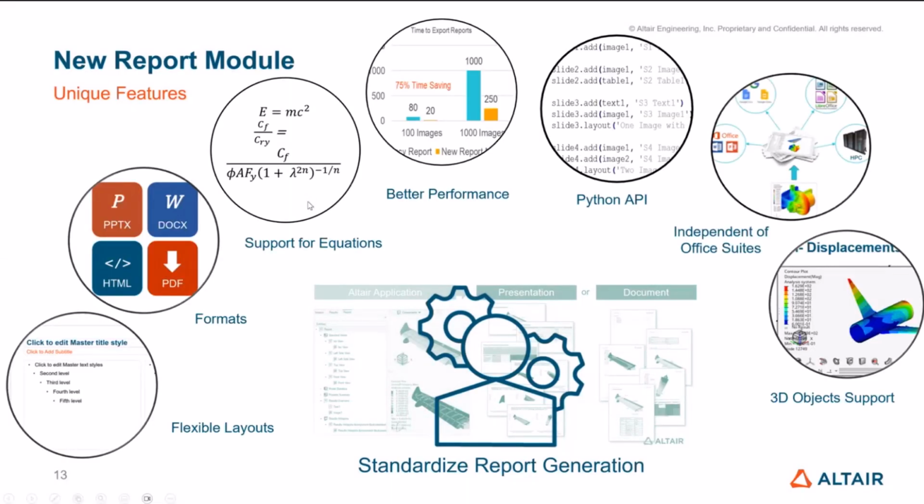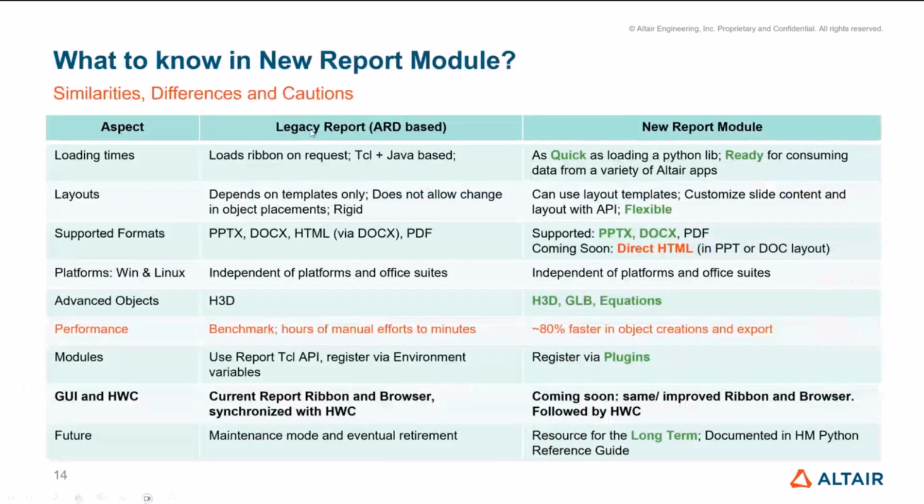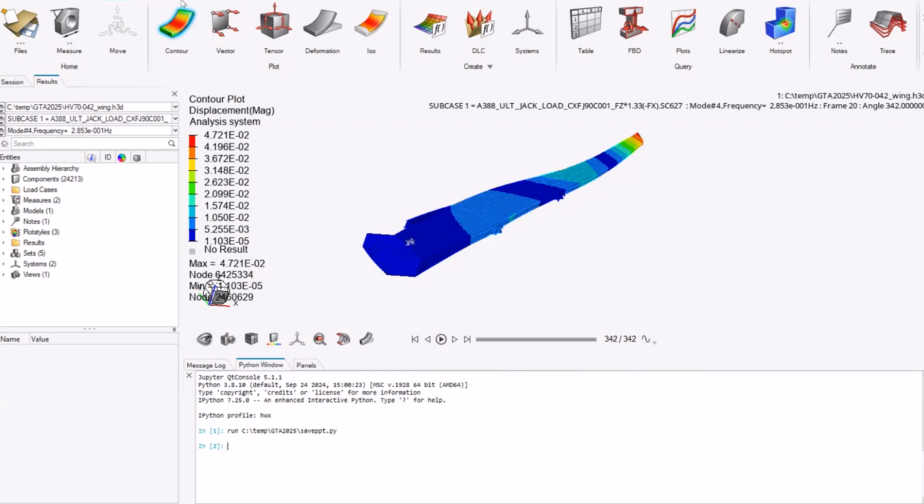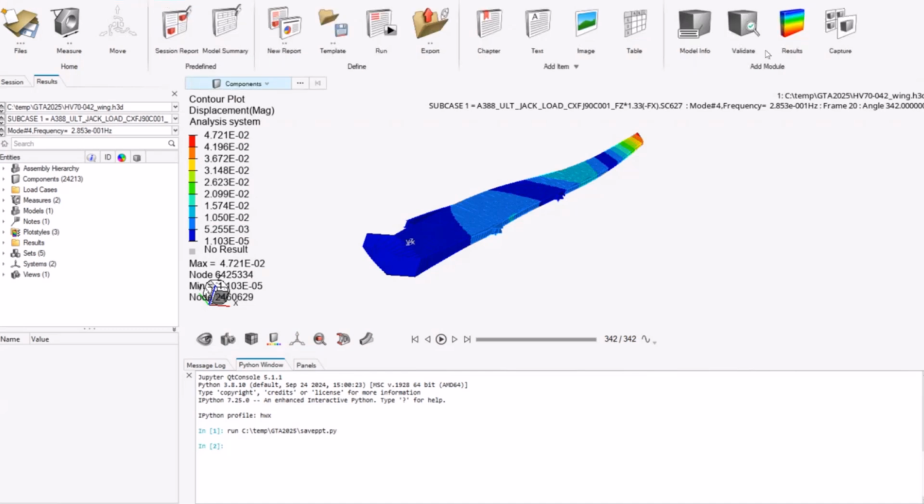Because I know that we have been using for a long time the API that we have been using through the legacy reporting. Now, on this slide, let's quickly look at the similarities and the differences of what we just saw. For a long time, inside the product, you have been looking at this report ribbon, right, which has this predefined report, has the browser, and a few other ways to add modules or individual images, tables, and text.